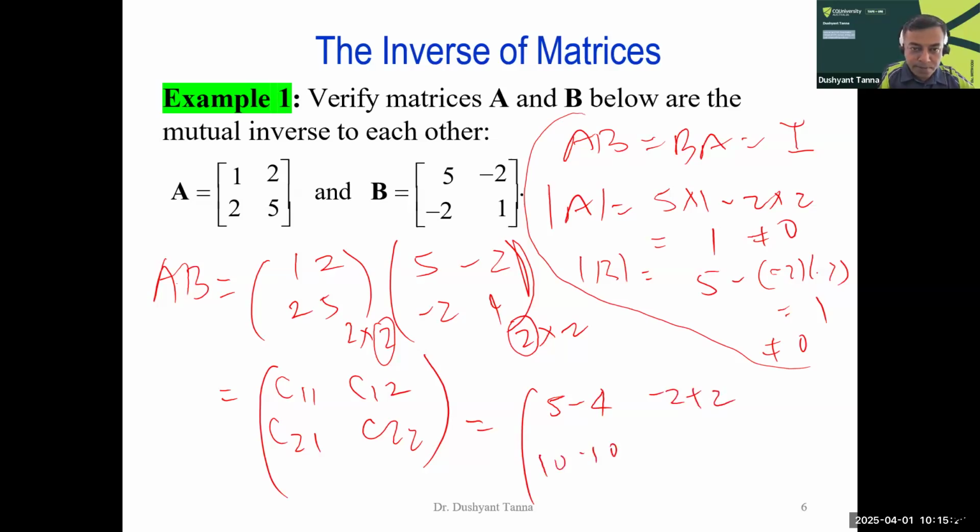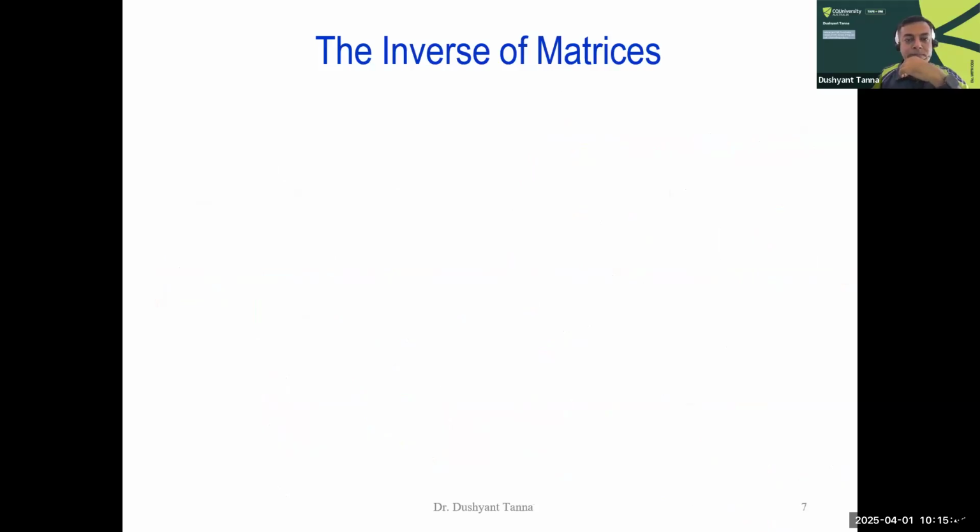And this is minus 4 plus 5. When you simplify that, what is left is 1, 0, 0, 1. That's nothing but the identity matrix, a week 1 concept. Use this space or this slide to verify BA is equal to I.